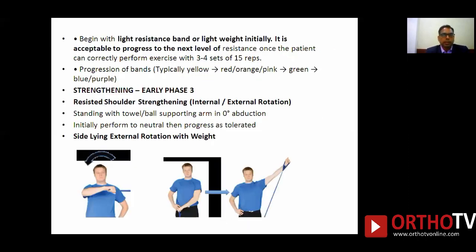Begin with the light resistance band like yellow, then progress to green and blue. Resisted shoulder strengthening can be started with a towel or ball supporting in 0 degrees of abduction and then gradually neutral to external rotation by the side or in a sitting external rotation, with weight as tolerated.